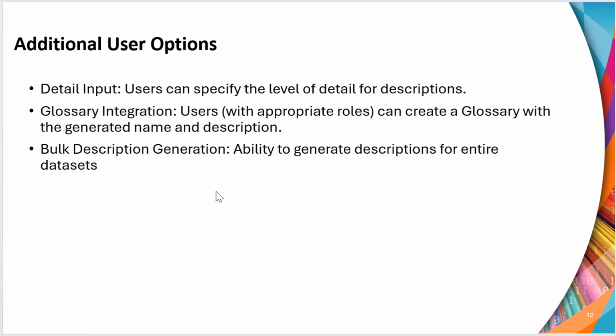Additional user options for technical assets: the user can specify the level of detail for descriptions, along with glossary integration, where a user with appropriate roles can create a glossary with the generated name and description. For technical assets, bulk description generation can also be done. Basically it is the ability to generate descriptions for all the dataset elements that are part of it.